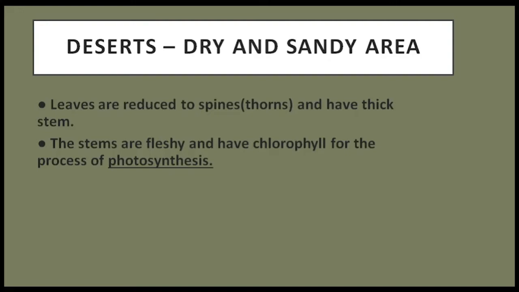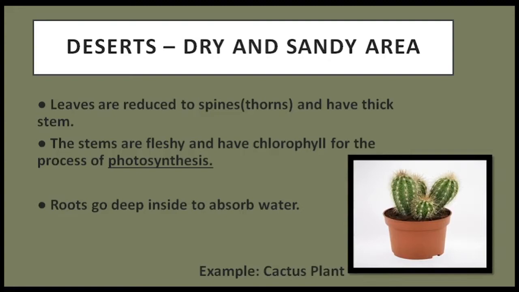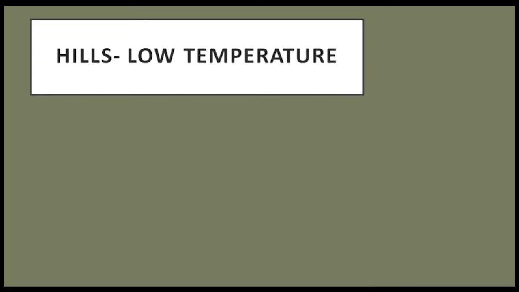From the lower classes you have studied that photosynthesis, the preparation of food, is in the leaves, but here in the deserts, the stems prepare the food. The third point is roots go deep inside the soil to absorb water. The example is the cactus plant. You must have seen the cactus plant and the spines, or thorns, on it.